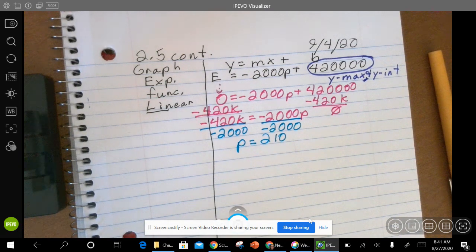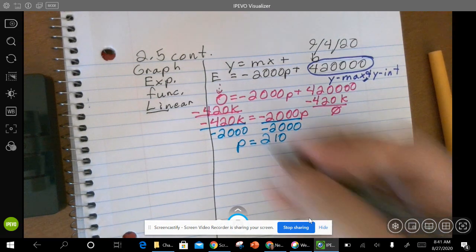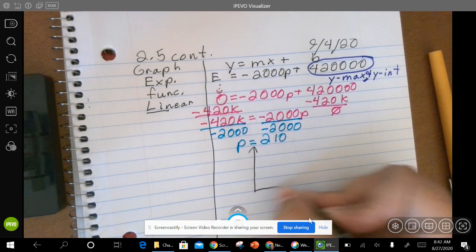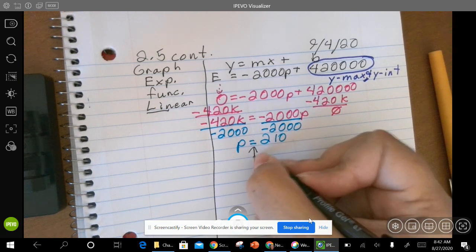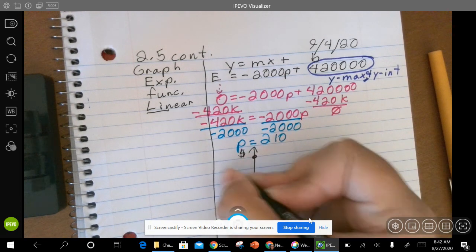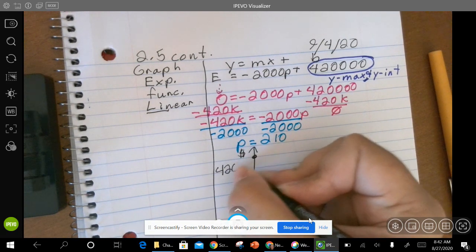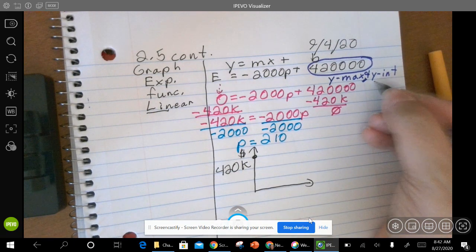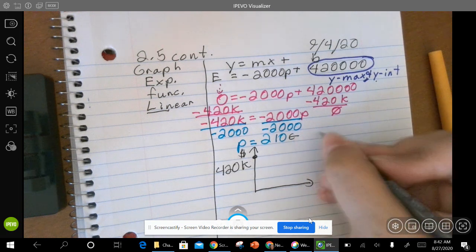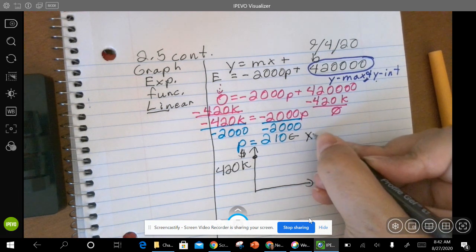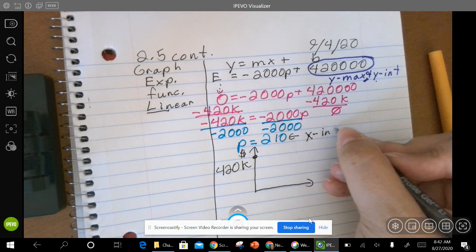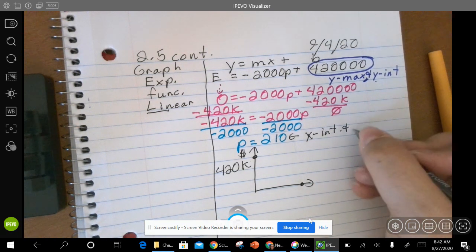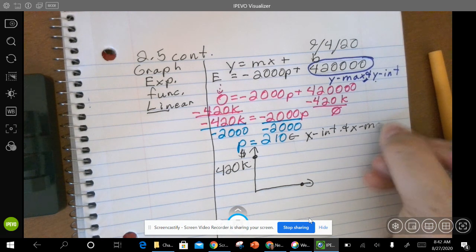Okay, so now we can sketch our graph again. 420,000 is our y-intercept, and 210 is our x-intercept and our x maximum.